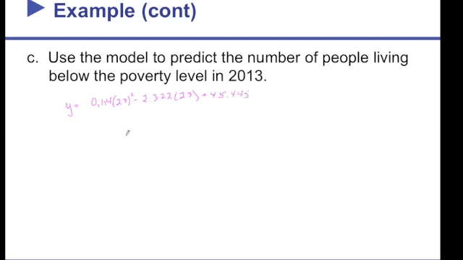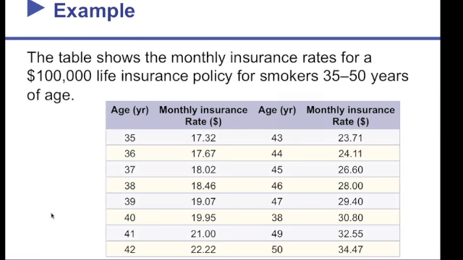And when I do that calculation, I find that this is 52.345, so 52.3 million people living below the poverty level in 2013.